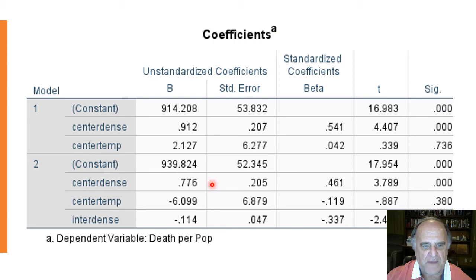When we look at Model 2, if we want to look at everything in the model, here's the B for our constant. Here's the B for center density. Here's the B for center temperature, and here's the B for the interaction. You notice, of course, as temperature goes up, deaths go down, although in this regression, it's not significant.